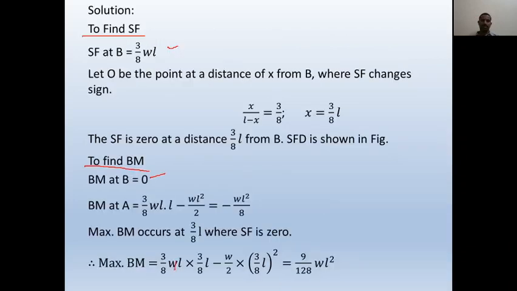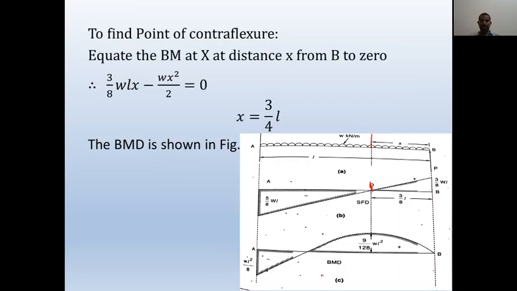We are going to substitute x as 3 by 8 L. This is P, 3 by 8 WL, multiplied by x, 3 by 8 times L, minus W into 3 by 8 L whole square by 2. You can simplify, it will come to 9 by 128 WL square. This is how we need to calculate the maximum bending moment in any beam.